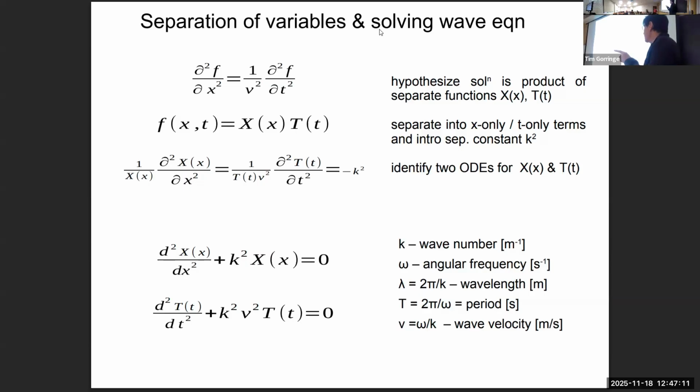So if you imagine replacing f, the function of both space and time, with this product of two functions, a separate function of space and a separate function of time, called uppercase X and uppercase T. I plug those in.